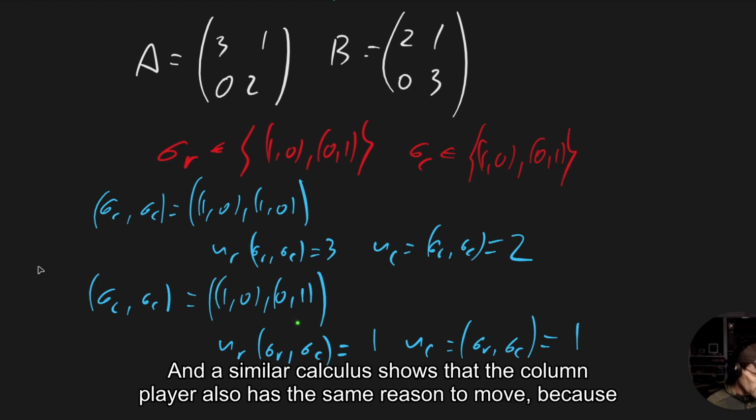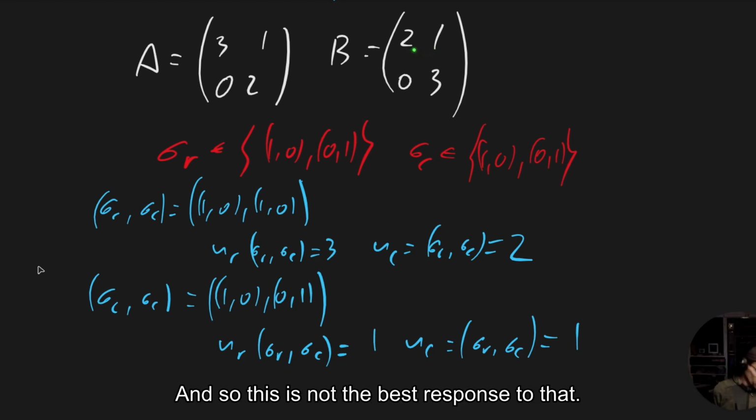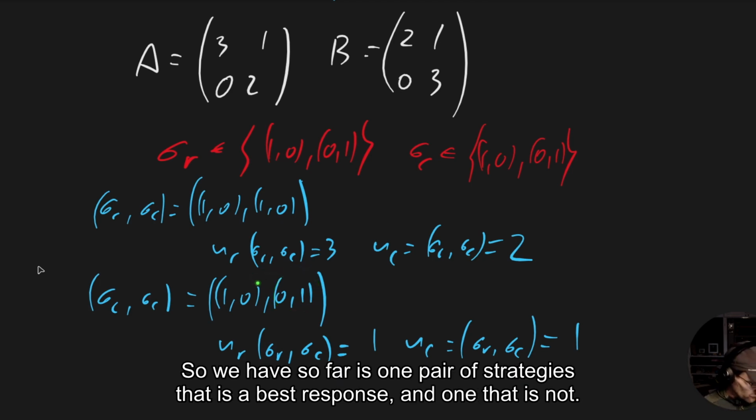And a similar calculus shows that the column player also has the same reason to move because they're currently getting that 1, but if they moved over, they'd get that 2. And so this is not a best response to that. So what we have so far is one pair of strategies that is a best response and one that is not.